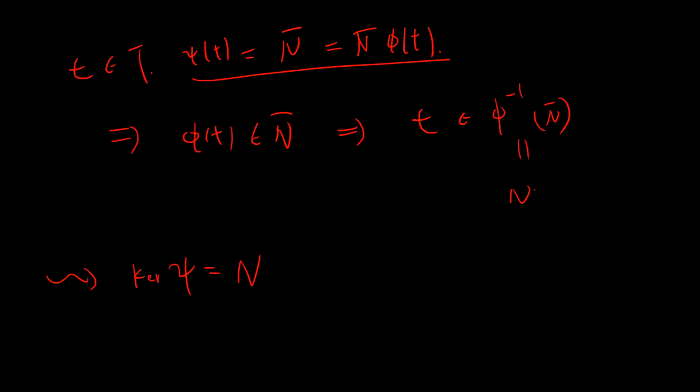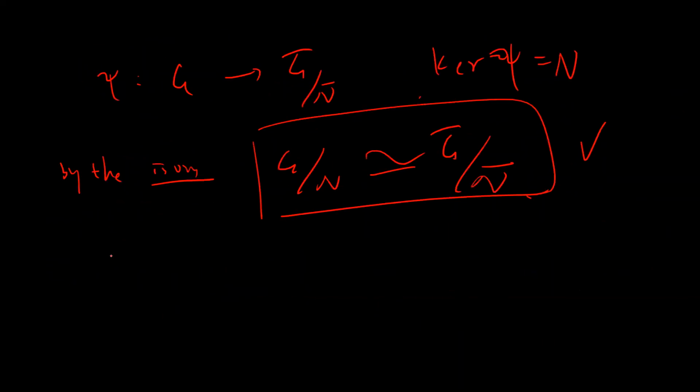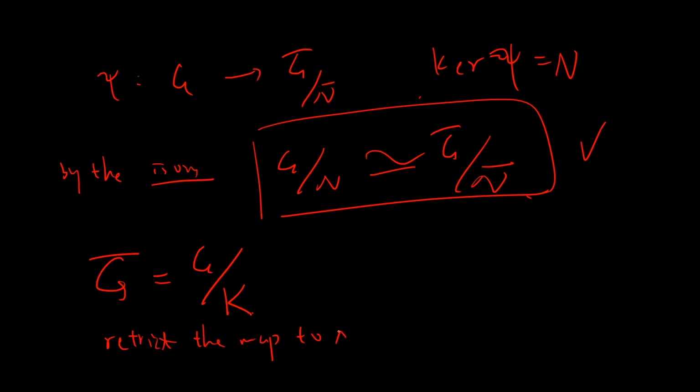So you use the isomorphism again: G bar is G quotient K, and you restrict the map to N, so it's still onto. So by the first isomorphism theorem, again, N bar is just N quotient K.